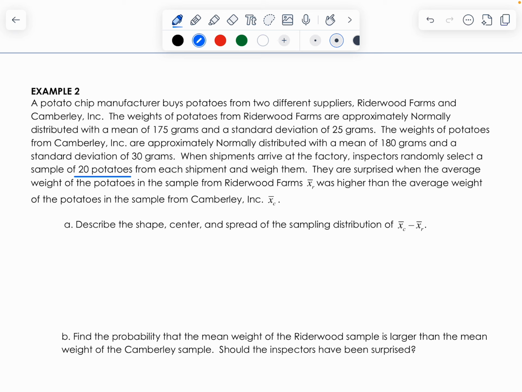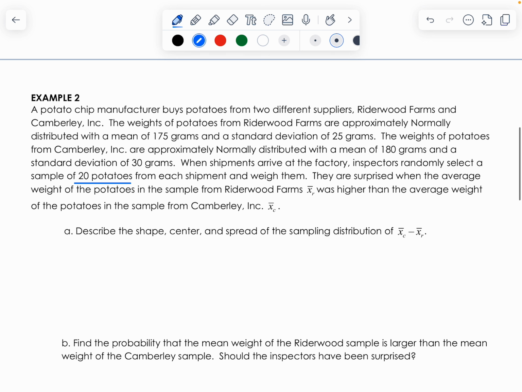So, the actual mean of potatoes from Riderwood is lower than the mean from Camberley, but that doesn't mean that you can't have a sample where the Riderwood mean happens to be larger. So let's talk about this. We are going to take the difference between Camberley and Riderwood, C minus R, and look at their shape, center, and spread.